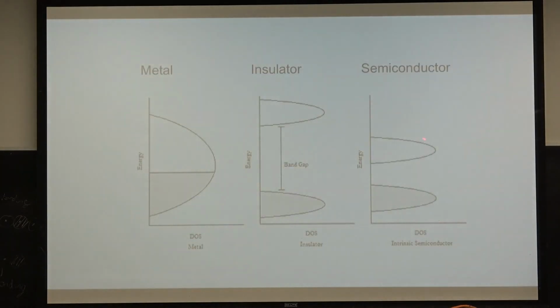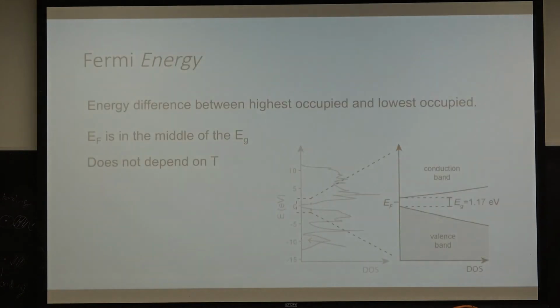So metal, insulator, semiconductor, yes. Okay, so then defining a few more terms here. The Fermi level is in exactly 1/2 of the band gap.